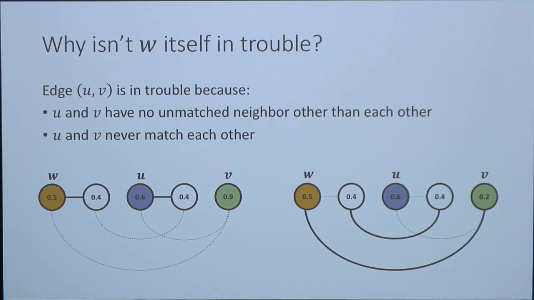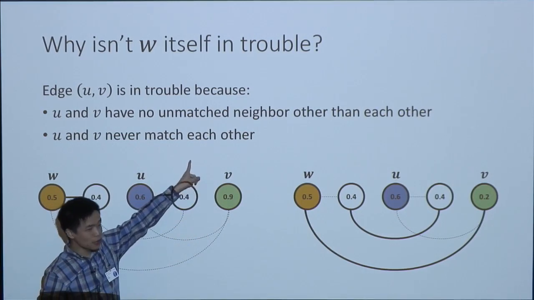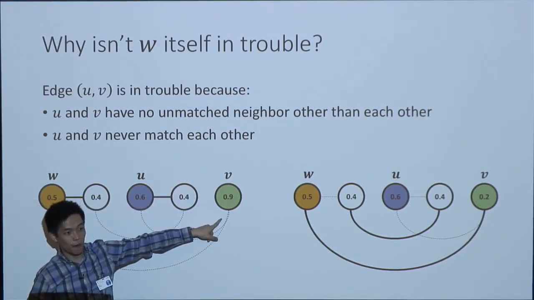So it must be the case that u and v have no unmatched neighbor other than each other. It's obvious because, first of all, they cannot have any unmatched neighbor on the alternating path because they are matched throughout, right? And if v has some unmatched neighbor outside this alternating path, then it shouldn't be unmatched here, right?